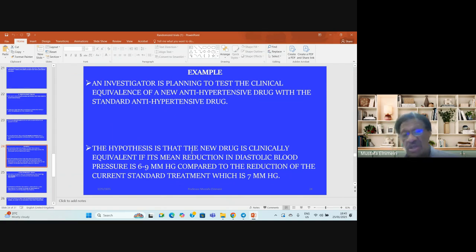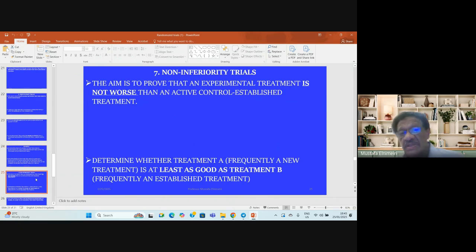The hypothesis is that the new drug is clinically equivalent if its mean reduction, for example, in diastolic blood pressure is 6 to 9 millimeters of mercury compared to the reduction of the current standard treatment, which is 7 millimeters of mercury.